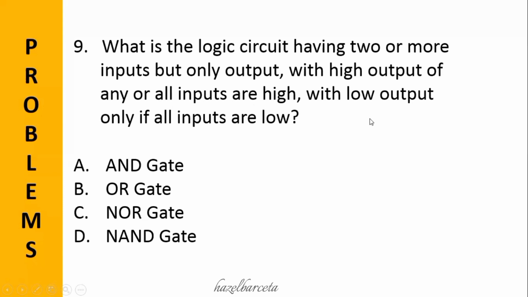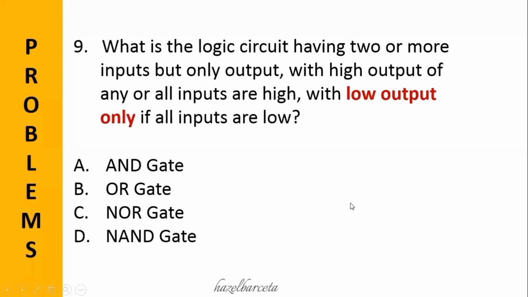So, di ba? Parang familiar. So, pareho po ng ating Gen Ed at Prof Ed, maghahanap po tayo ng clue words. Low output only. Alam na po natin agad. Yung merong nag-iisang output na low when all inputs are low. So this is, yes po, OR gate.